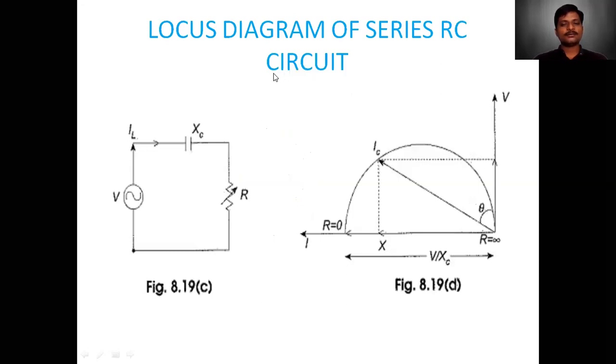Now let us talk about the locus diagram of an RC series circuit. Previously we discussed the RL series circuit; now we are looking into the RC series circuit. Here also capacitance is fixed and resistance is variable.